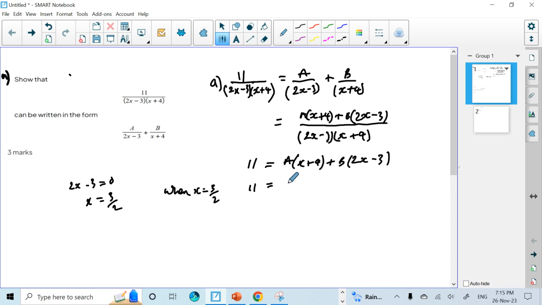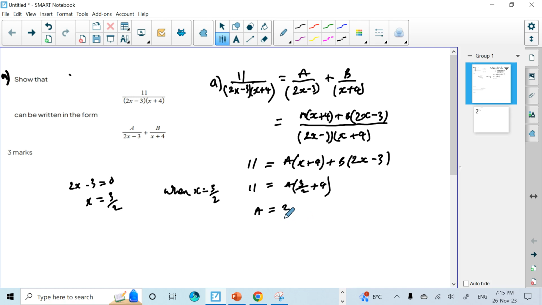So 11 is equal to a times (3 over 2 plus 4), and of course that will give me a is equal to 2.